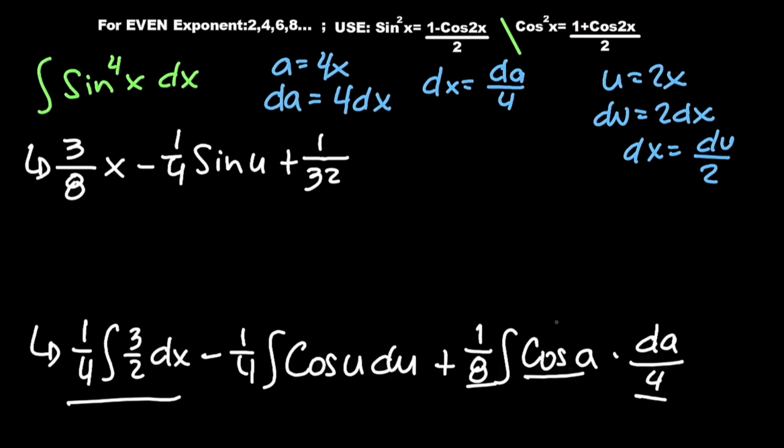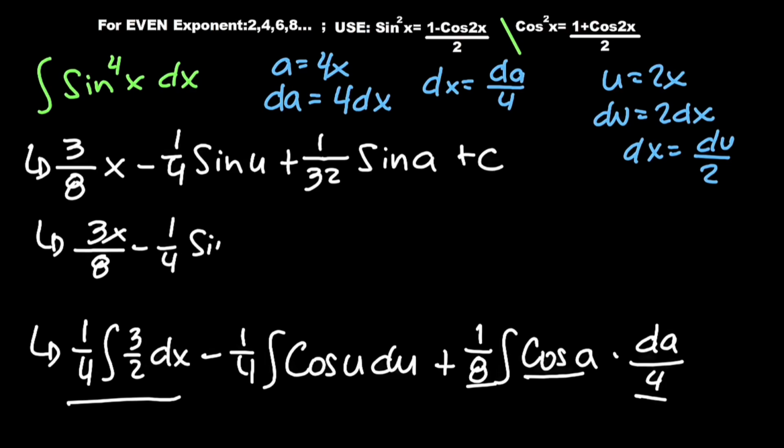Integral of cosine of a would be sine of a plus c. We will substitute the variable back. And so the final answer would be 3x over 8 minus 1/4 sine of u, which is 2x, plus 1 over 32 sine of a, which is 4x, plus c.